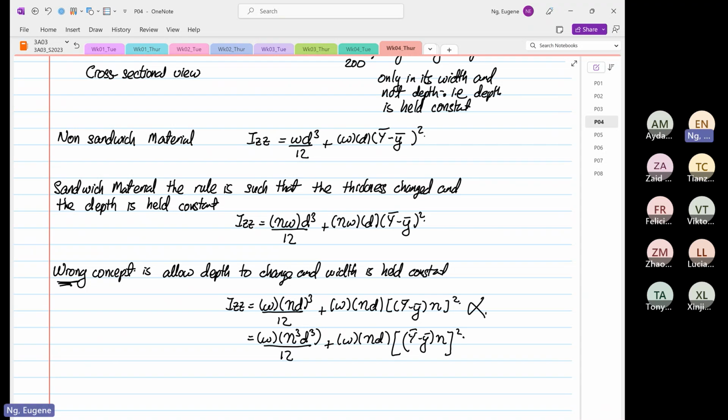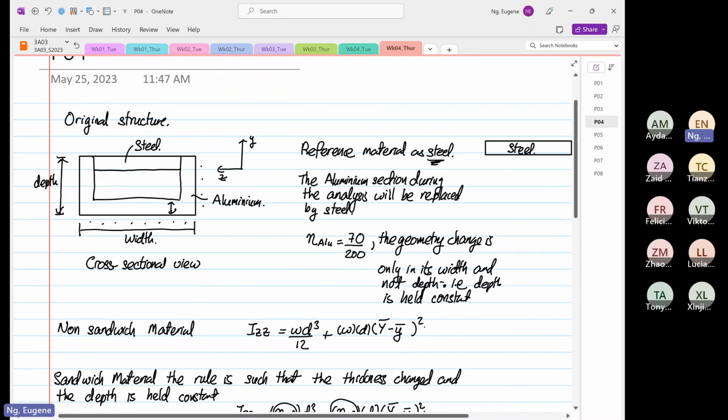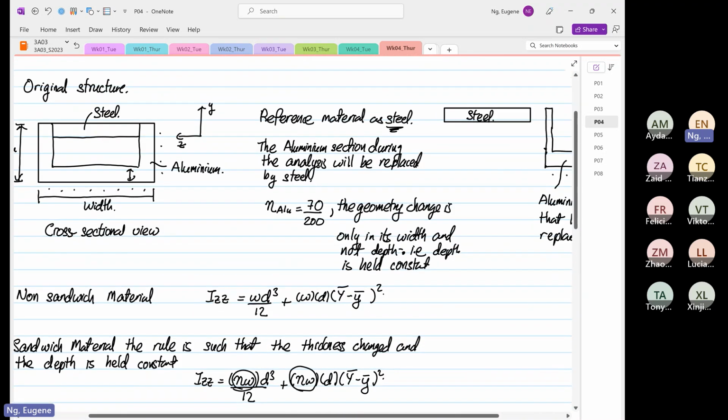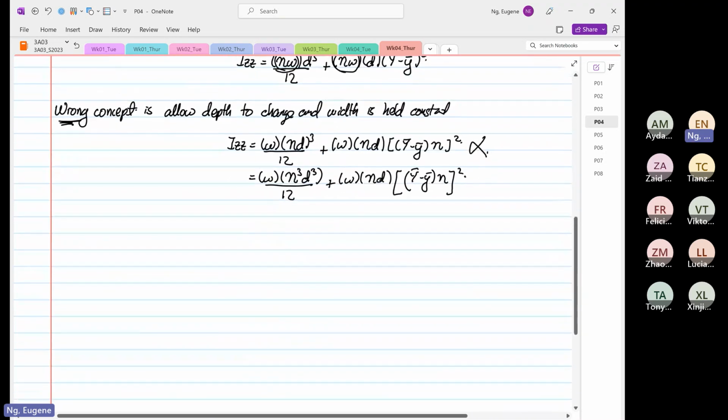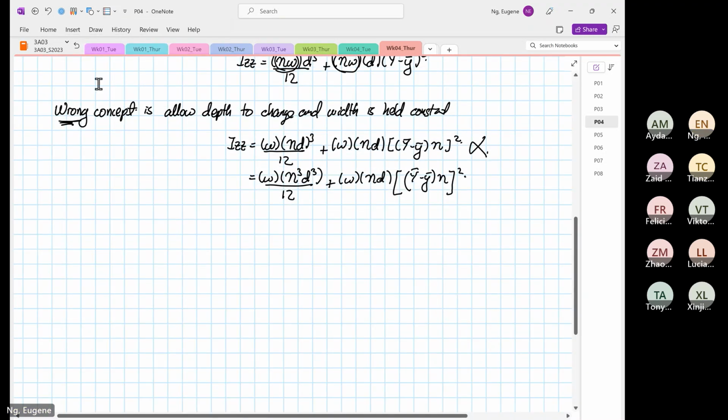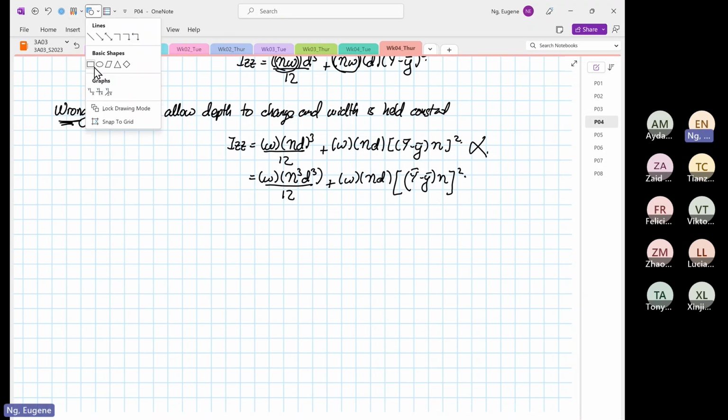So that is why, in the sandwich material, we only shift the width for this reason. It makes determination of the second moment of area a lot simpler. Now I will still do the same. So the first part of the example, I said the reference material is steel. Now what if I draw the same?